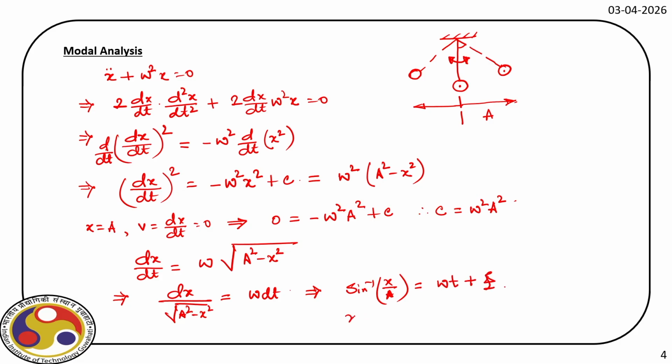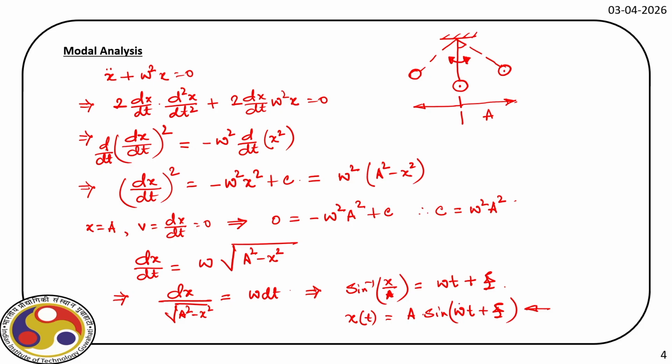And therefore, x, which is a function of t, is nothing but a times sine of omega t plus phi. And this is exactly the same as what you derived in the case of the simple pendulum in your plus 2 physics.